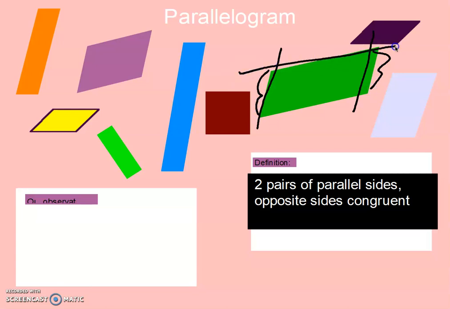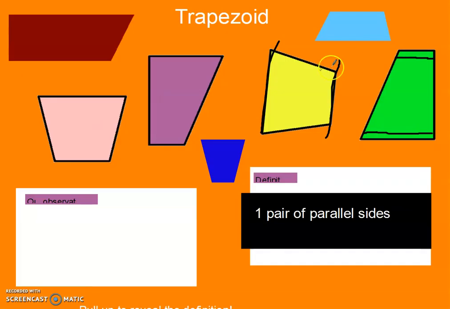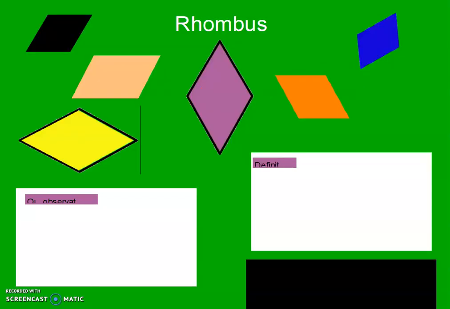And also the top and the bottom are parallel and congruent. So parallelograms have to have both 2 pairs of parallel sides, where a trapezoid only has to have 1. Then the other sides can be slanted, or like it has this right angle here, and you think, oh, that could be a rectangle, but it's not because this side is slanted. Make sure you're drawing each of these quadrilaterals.